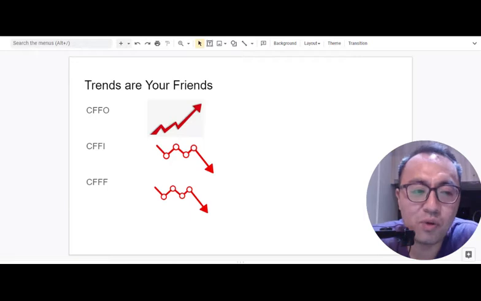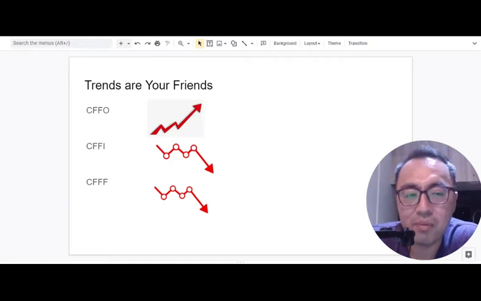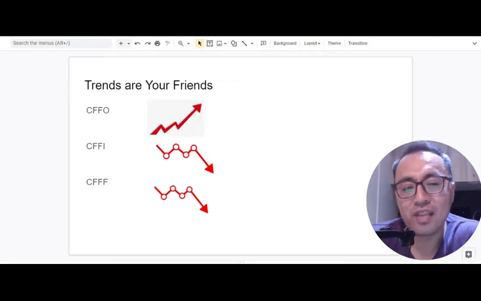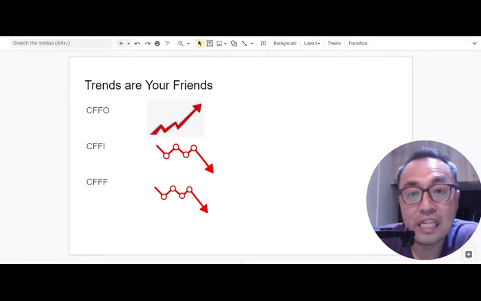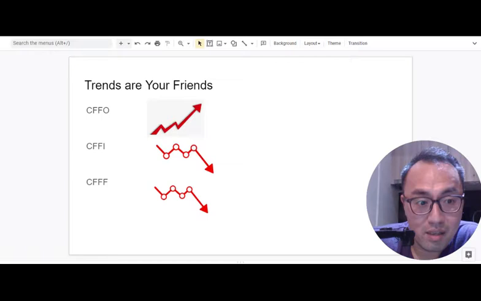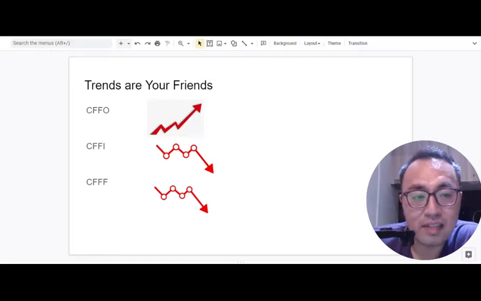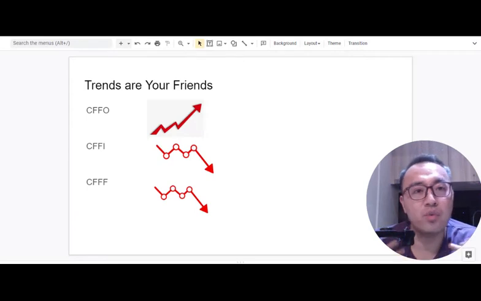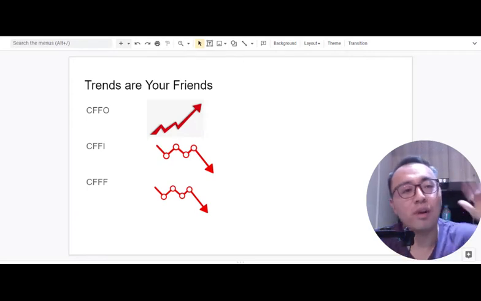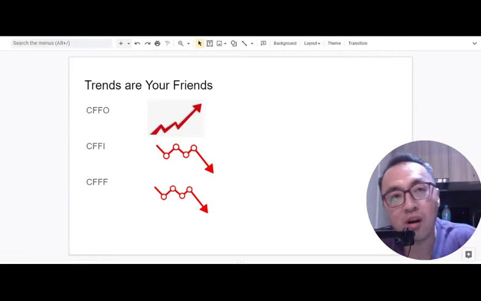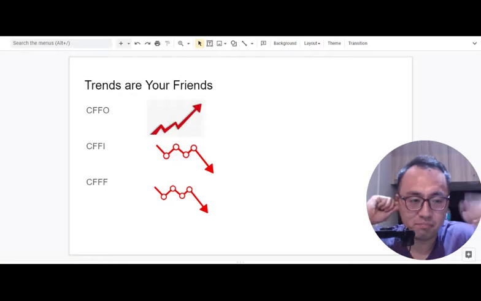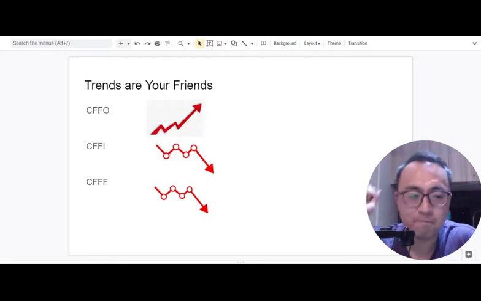How about cash flow from financing? Should it be up or down? This is a little bit tricky one. So cash flow from financing should, in general, be negative. Why? Because if it's negative, that means you're paying off debt, right? You're paying off your investor. Whatever institution lent you money, you are doing your fiduciary responsibility of giving them the return, right?